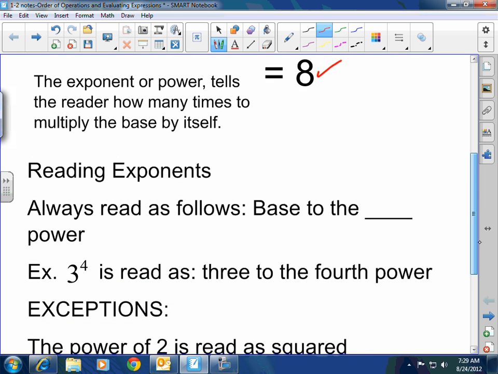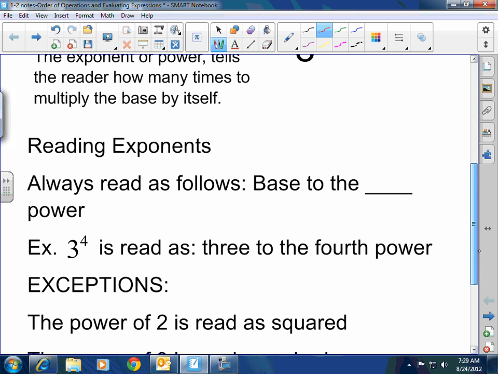Now, reading exponents. You always read as follows: it's the base to the blank power. So for example, base is 3, exponent is 4. So I have 3 to the 4th power. I have x and an exponent of 2.